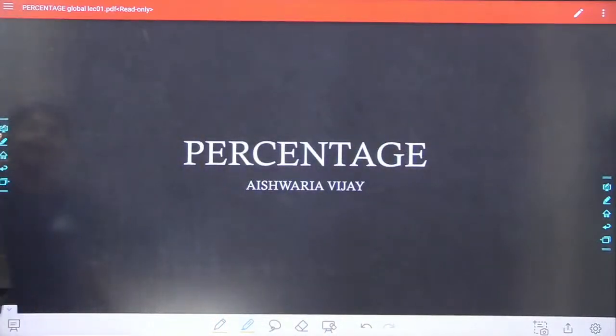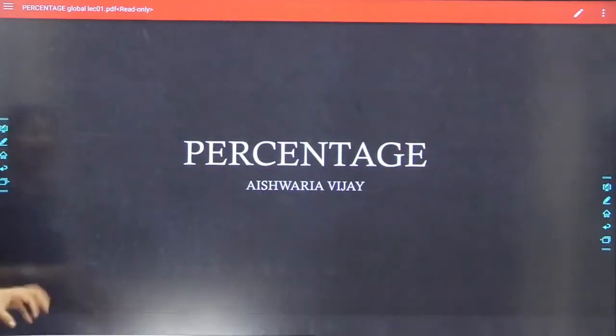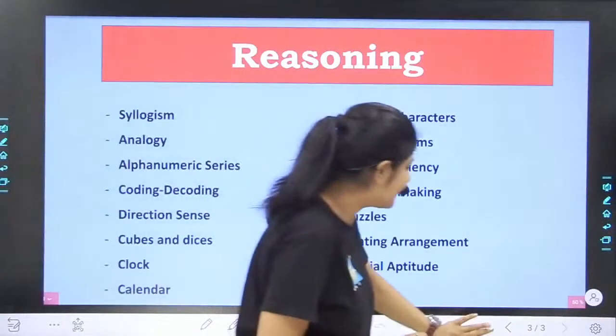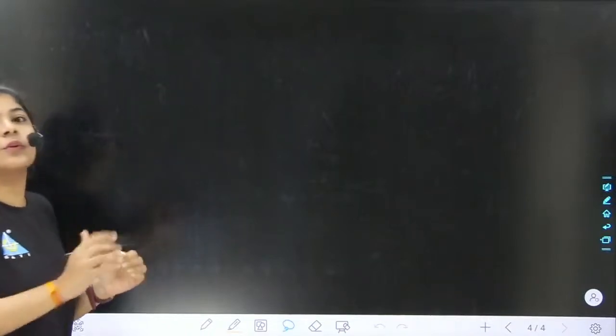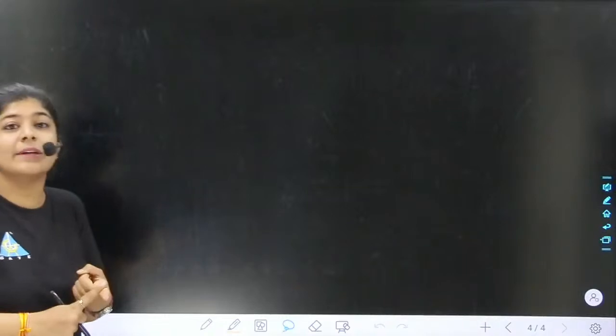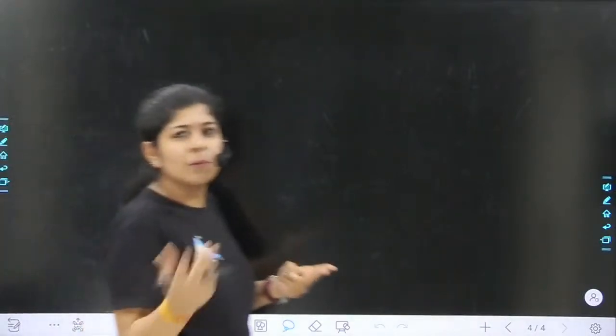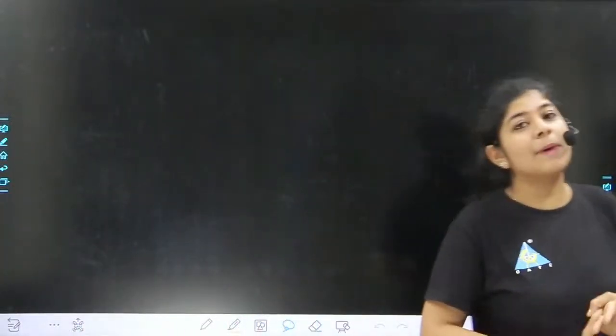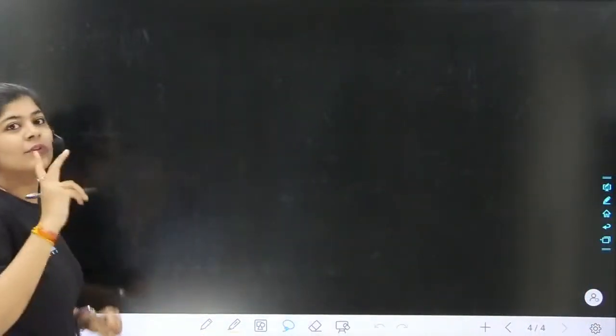Now, before starting percentage, we should learn some things related to percentage, which we are going to use a lot in topics like percentage, ratio and proportion, time and distance, time and work, simple interest, compound interest, etc. So here we have two things.